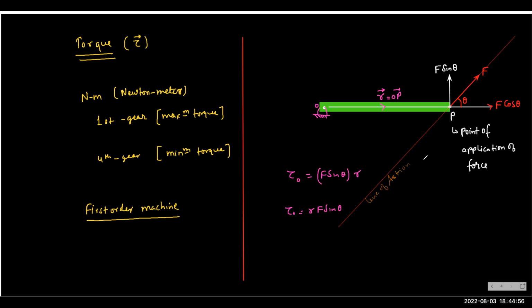You might be thinking I'm saying lights, camera, and action, but it's a line of action. So the line of action of force. If you are looking at point O, then how far is the point O from the line of action of force? Can you find the distance of O from the line of action?